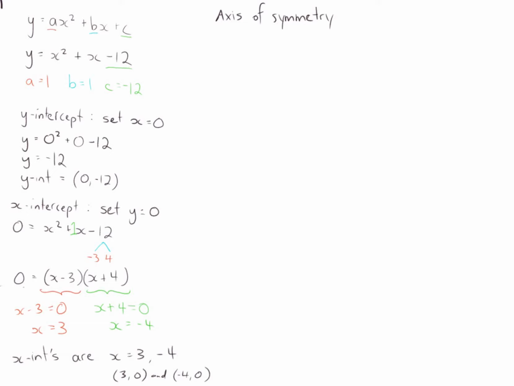One thing we should note first of all is that the axis of symmetry lies halfway between the 2 x-intercepts. That means, if we wanted, we could just take the average of those 2 x-intercepts. So in this case, 3 and negative 4, what happens if we take the average?